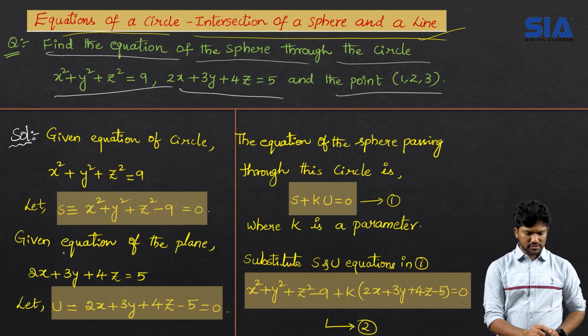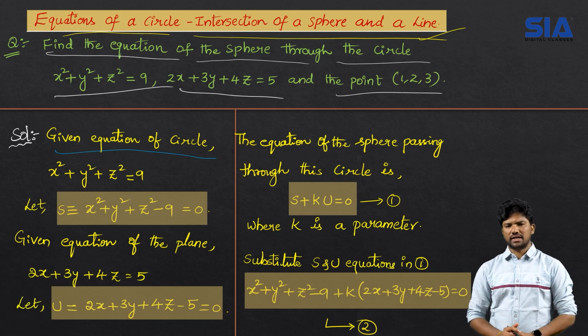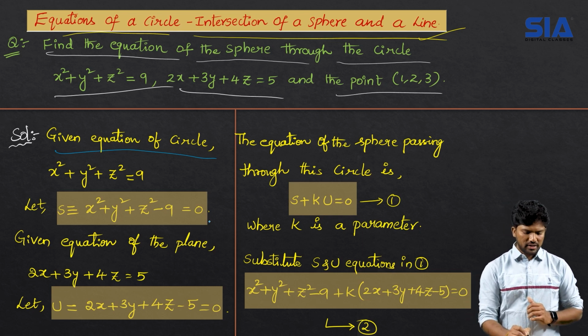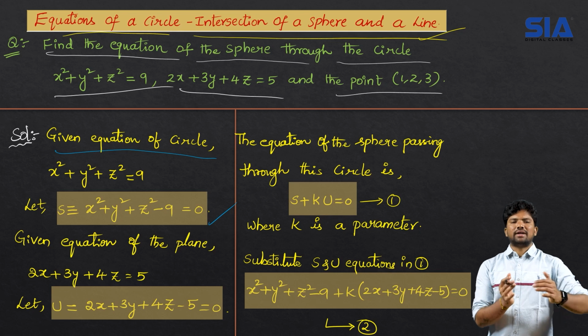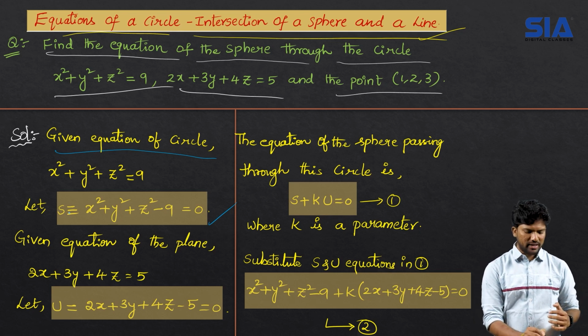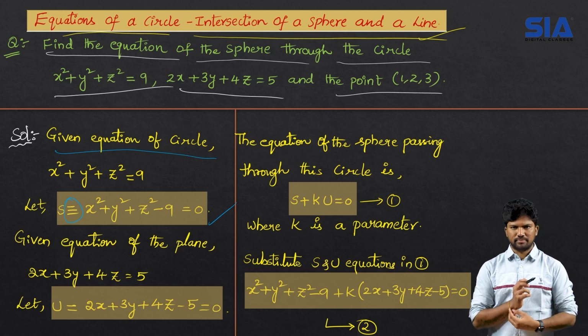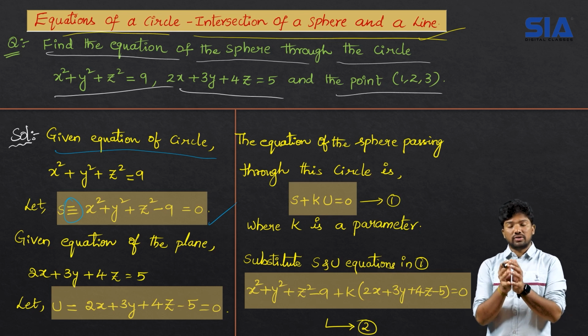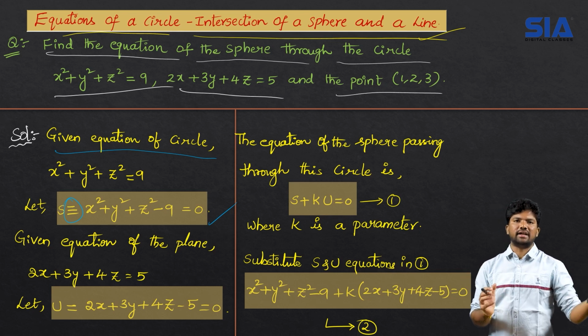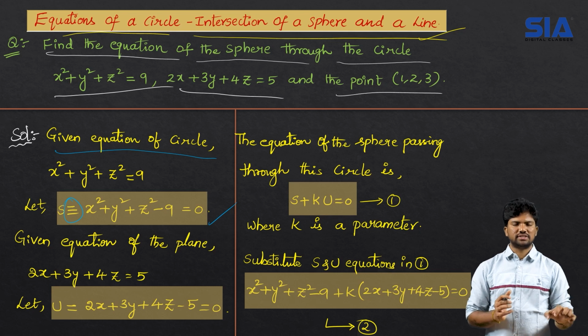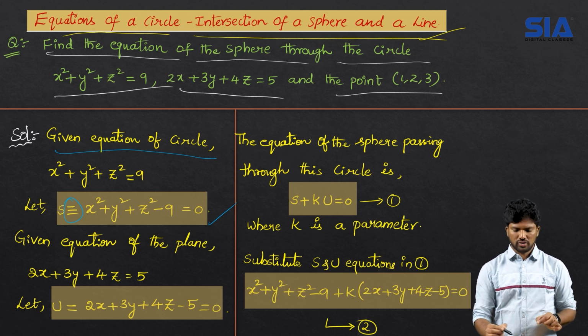Okay, so given the equation of the circle x square plus y square plus z square equal to 9, let capital S be congruent to, this symbol you know very well, the congruent symbol. Whenever you denote an equation with a standard notation, we can use these types of symbols.